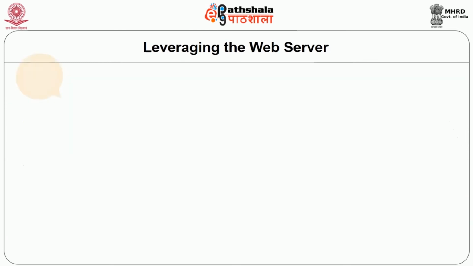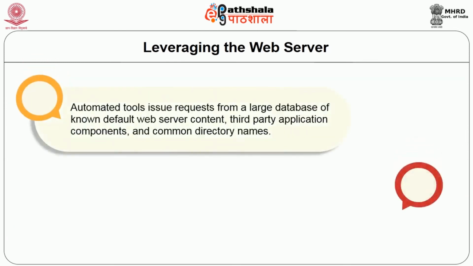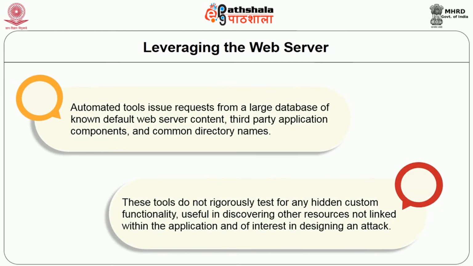They are usually installed at a fixed location relative to the web root or the application's starting directory. There are certain automated tools that lend themselves naturally to this type of task, and many of them issue requests from a large database of the known default web server content, third-party application components, and common directory names.